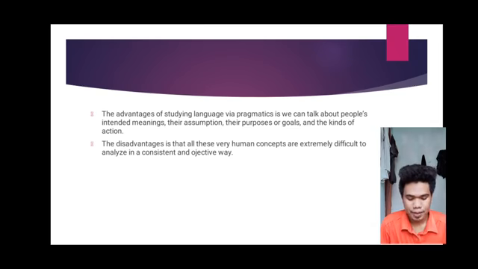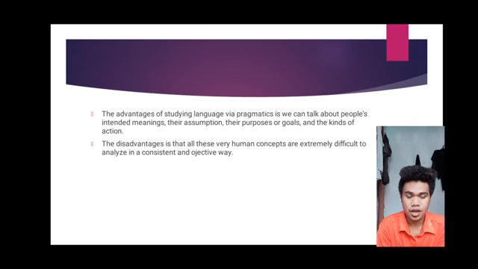It means that every person has their own concept, their own assumptions, and it is very hard to understand what they mean, their assumptions and their purposes, because every person has their own thinking.